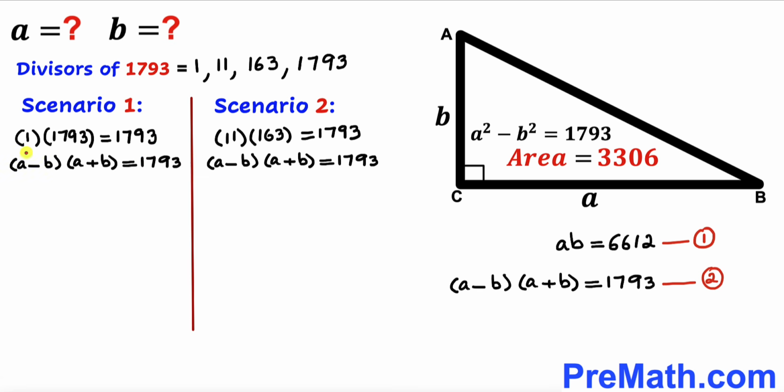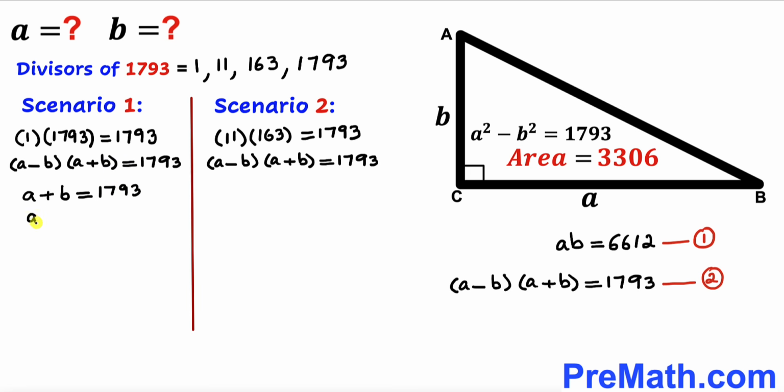Therefore in scenario 1, we conclude that a minus b is equal to 1 and a plus b is equal to 1793.